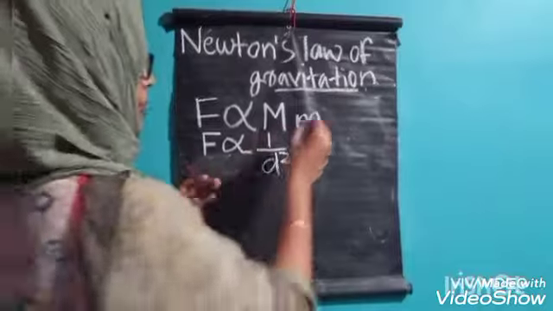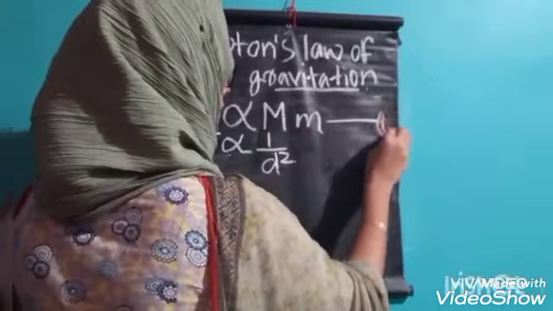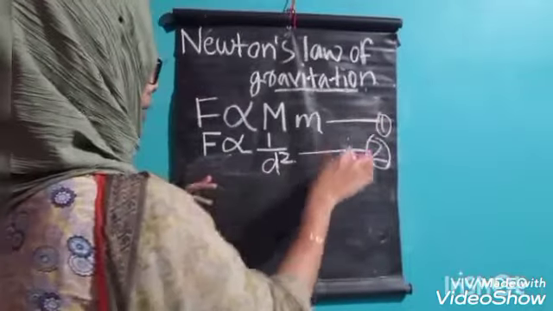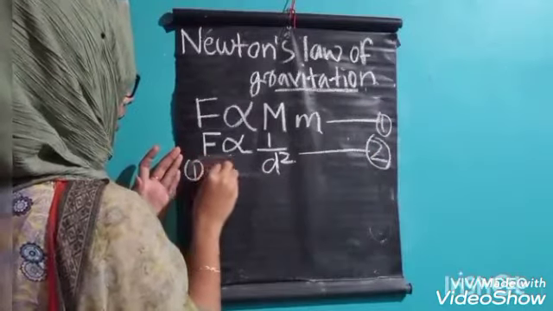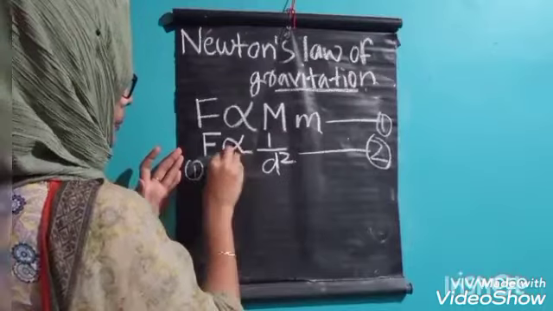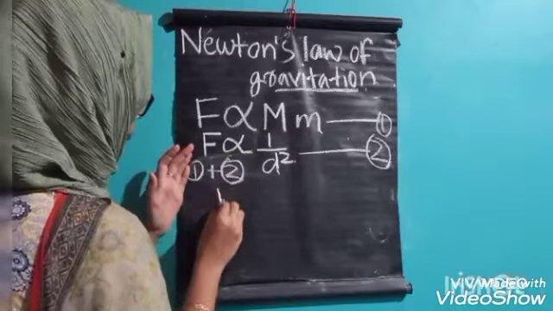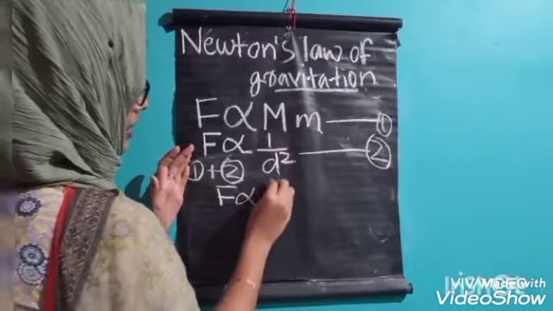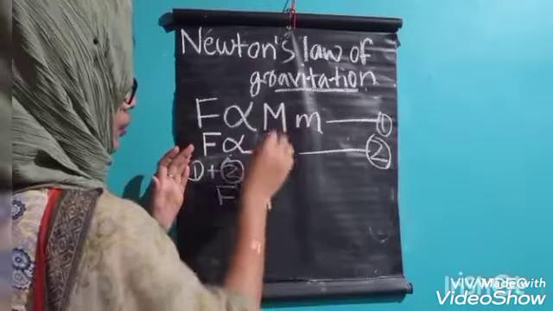So we can call this equation number 1 and this equation number 2. By combining equations 1 and 2, we get F proportional to M into M by D square.